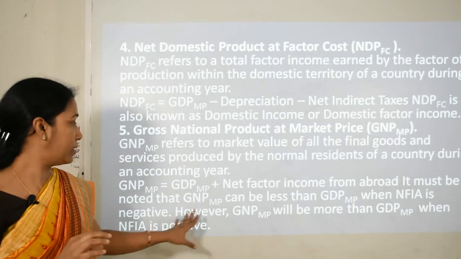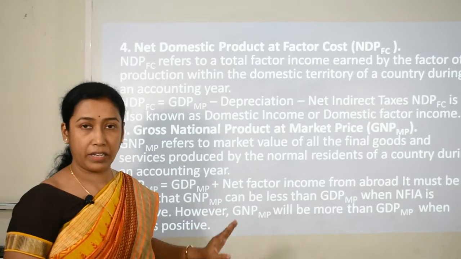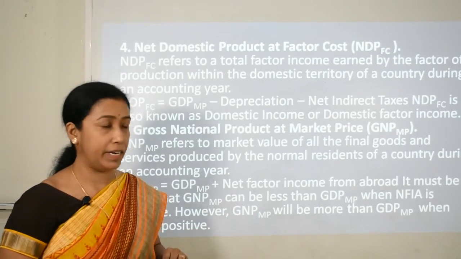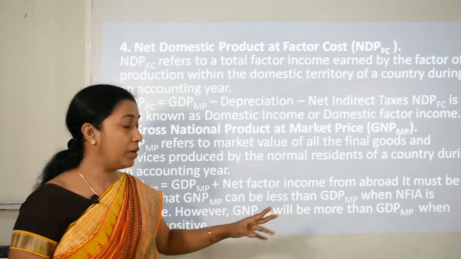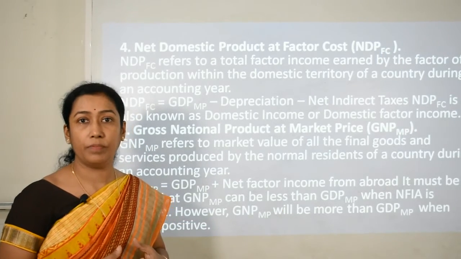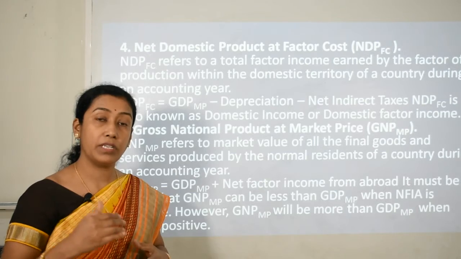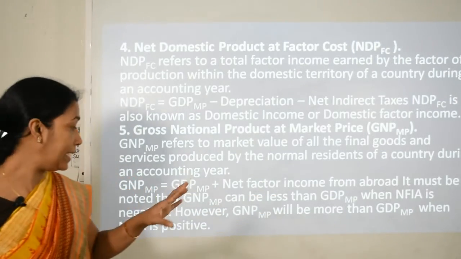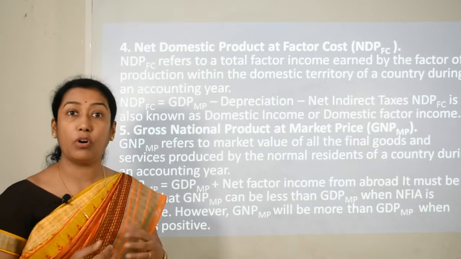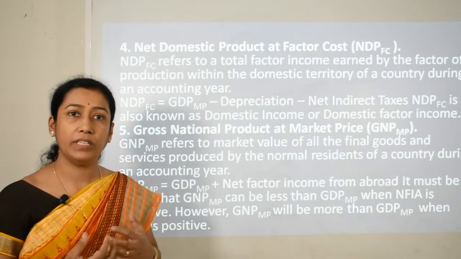However, there are situations when GNP at market price is more than gross domestic product at market price, in case we receive something as net factor income from abroad, that is, when it is positive.